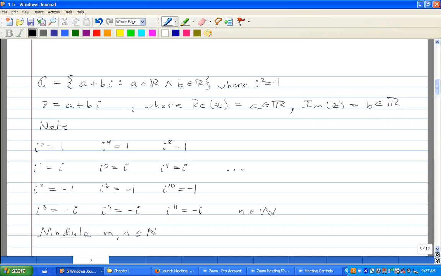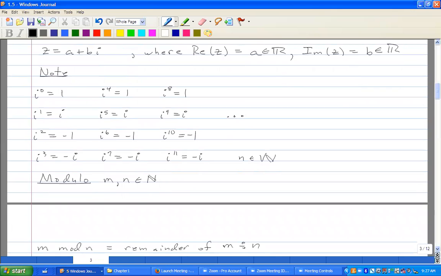Okay. Note the following. i to the power 0 is 1. Any non-zero quantity to the power 0 is 1. i to the 1 is just i. i squared, well, I said it was -1. i cubed is just i times i squared, which is -1.